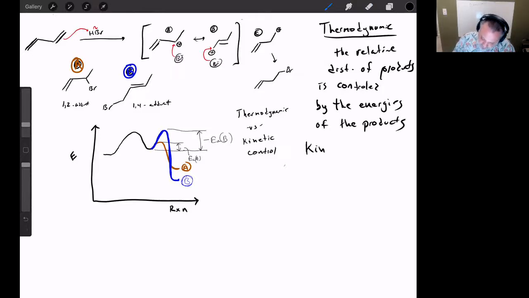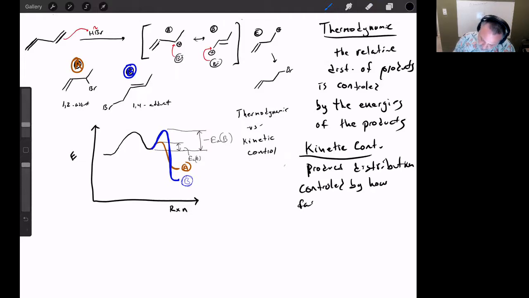Kinetic control is product distribution controlled by how fast one product forms compared to the other ones.